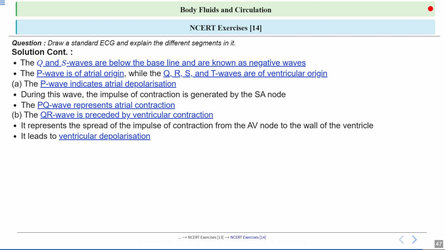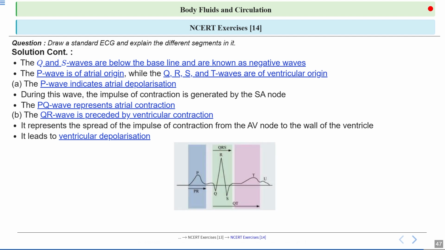It represents the electrical impulse moving from the AV node to the ventricular walls, leading to ventricular depolarization. So this is a key step that triggers the strong pumping action of the ventricles. This is an image showing you a typical ECG.